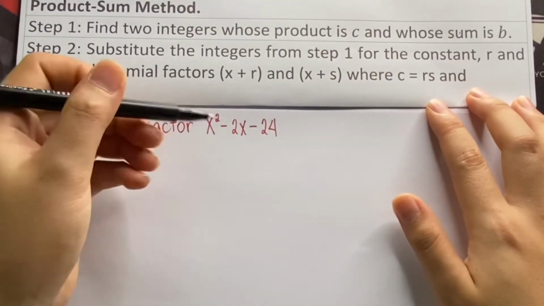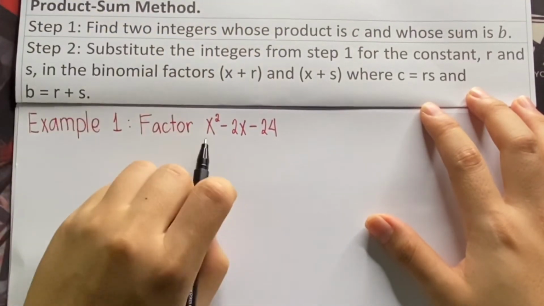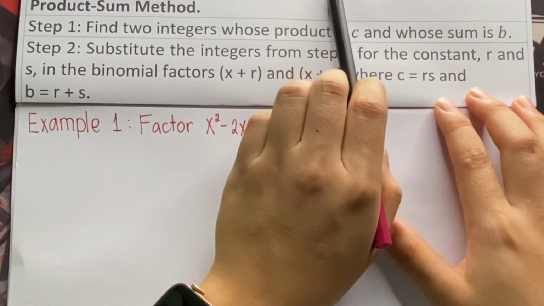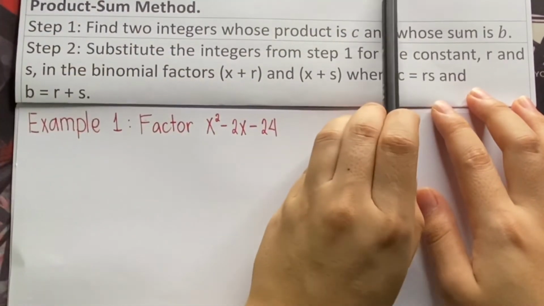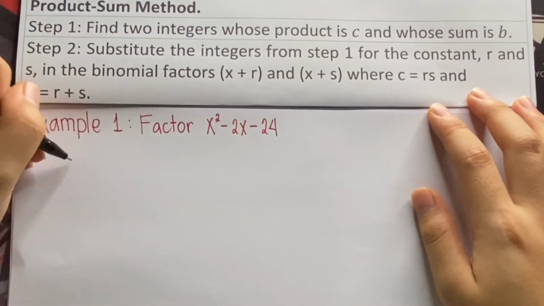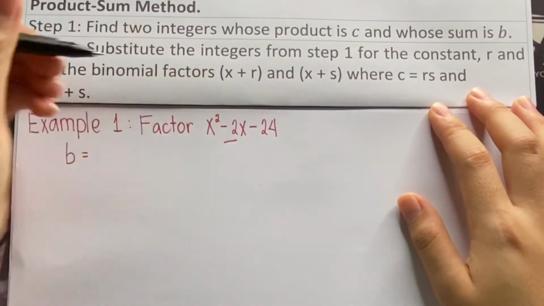So, alamin muna natin kung ano ba ang b at ano ang c. Alam naman natin na ang x squared minus 2x minus 24 ay nasa form na x squared plus bx plus c. Ang bx ay nasa second term. Therefore, ang b natin ay negative 2.